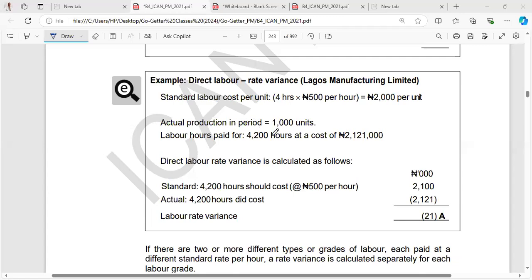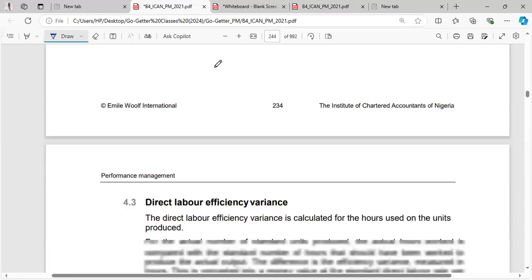Look at the actual hours paid for. If they don't tell you actual hours paid for, that is where you will now calculate this multiplied by this and you get 4,000. In that case, you are assuming that there was no idle time. All right, so let's continue.